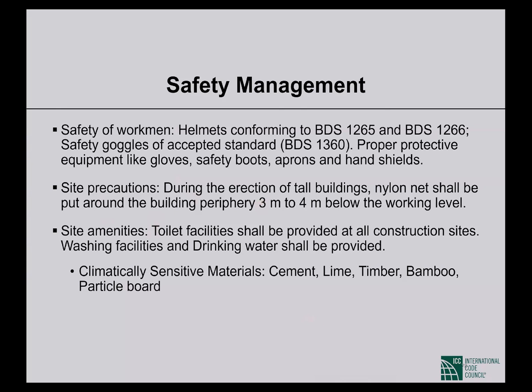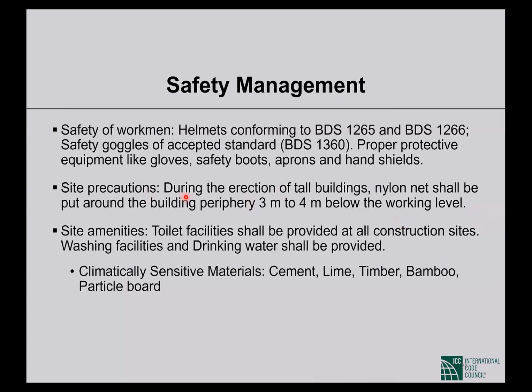Site precautions. This is very common in Bangladesh, that often you will find that in high-rise buildings, construction is going on, and debris may fall, a brick may fall from the top on the head of a pedestrian. And this actually happened in Dhaka. A person died because of a falling brick on top of the head of a pedestrian.